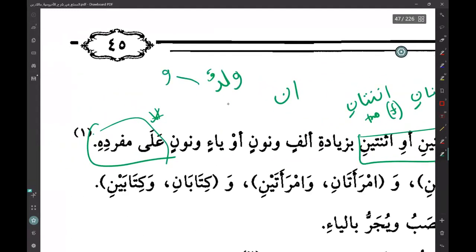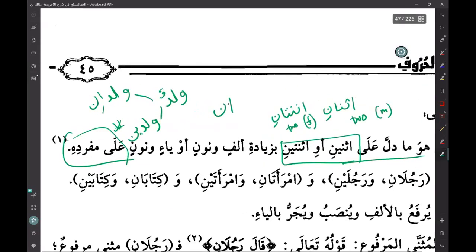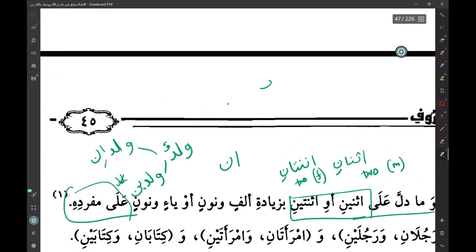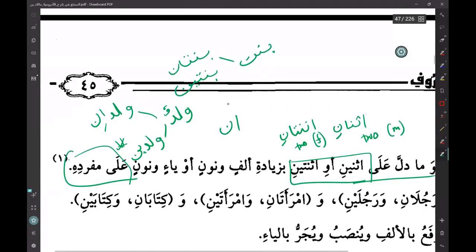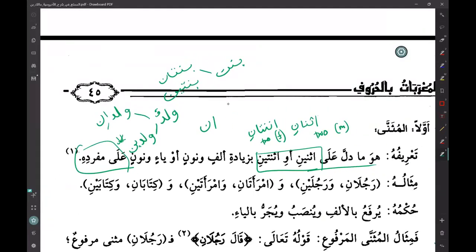By adding alif and nun, waladani, or ya and nun, walad aini. For example, I'll give you another example. Bint, and we add bintani, or bintaini. This is your definition of muthanna.